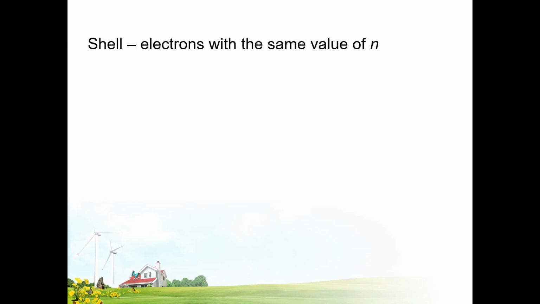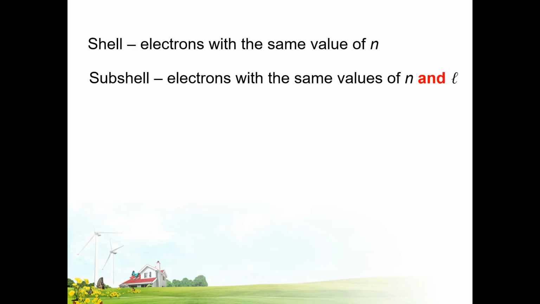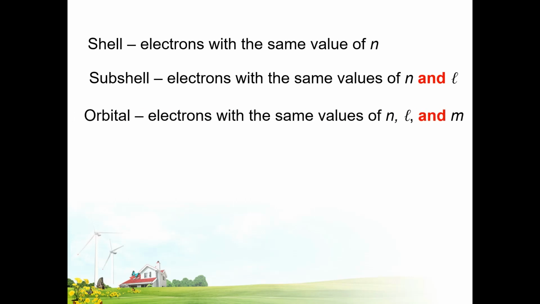We have come across several terms now: shell, subshell, and orbital. What are shells? Shells are the place where the electrons exist with the same value of n, whereas a subshell is a place where electrons have the same values of n and l.